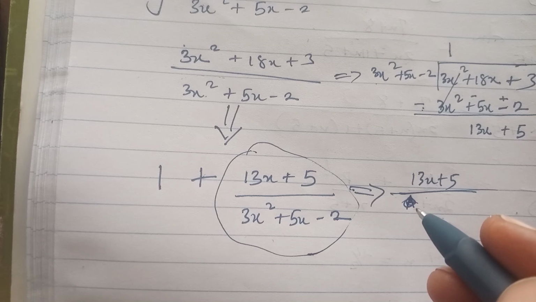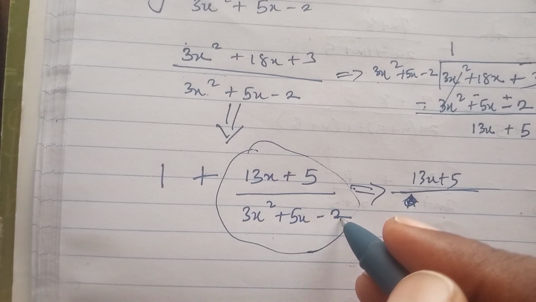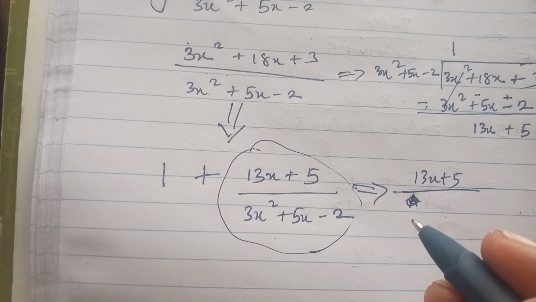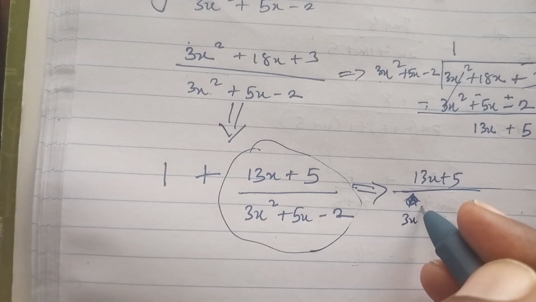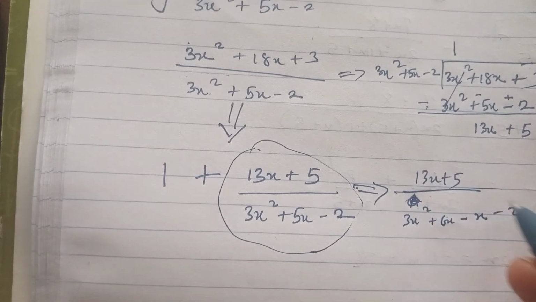If we factorize this, minus 2 times 3x is minus 6. So what are the factors that we need? We need plus 6 and minus 1. So this is 3x squared plus 6x minus x, all right, minus 2.